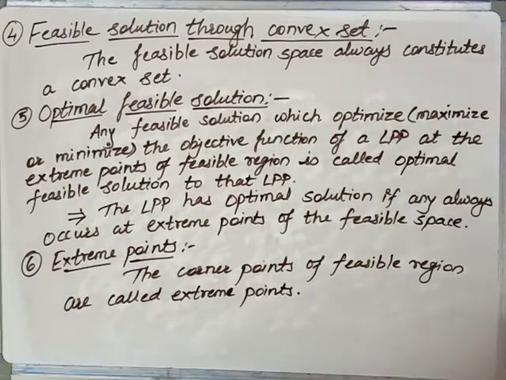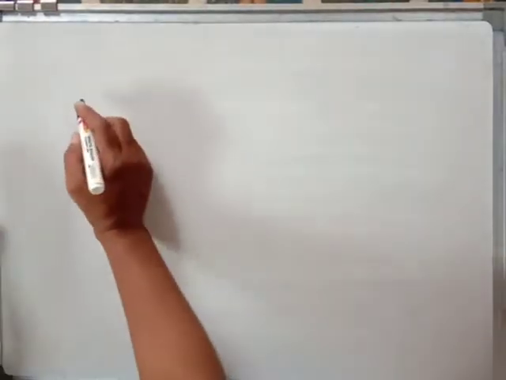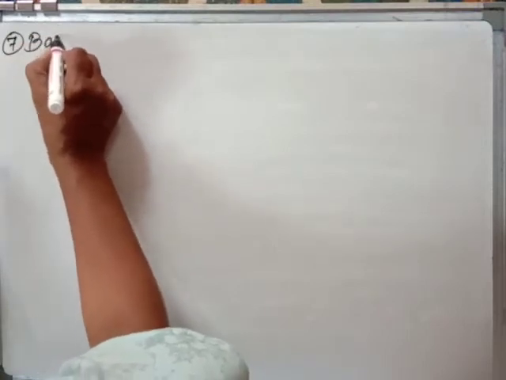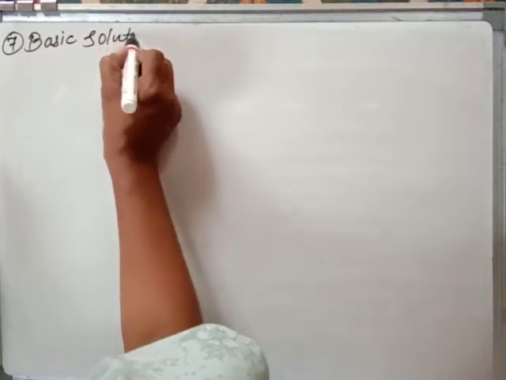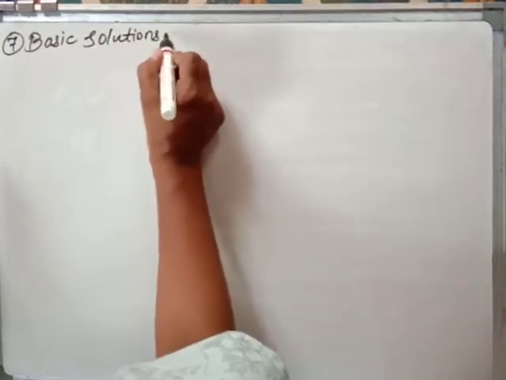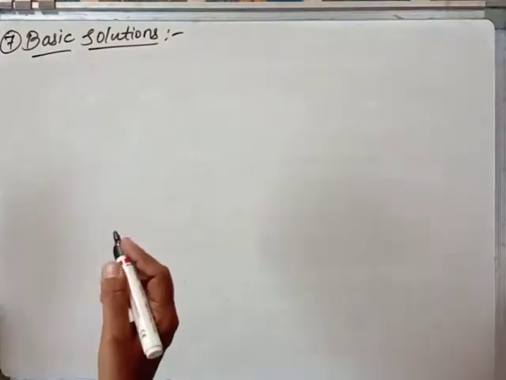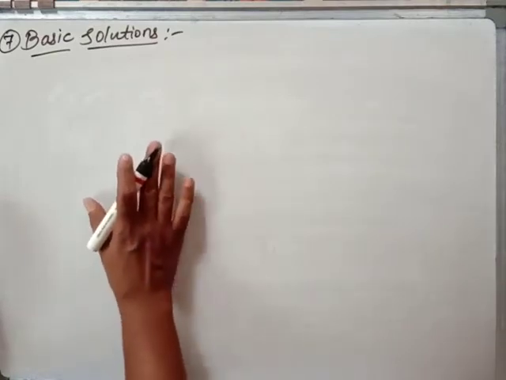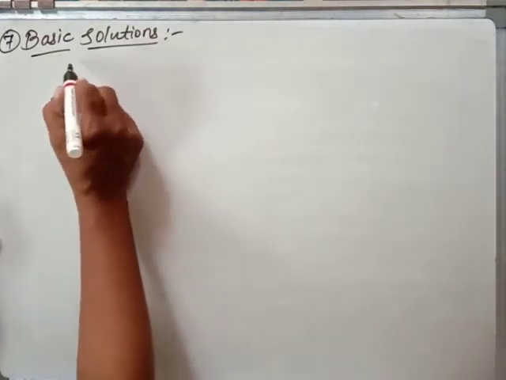Now let us go towards the next definition. Now the next definition is of basic solution. As in the general form we had considered, there are m linear equations in n unknowns such that n is greater than m.